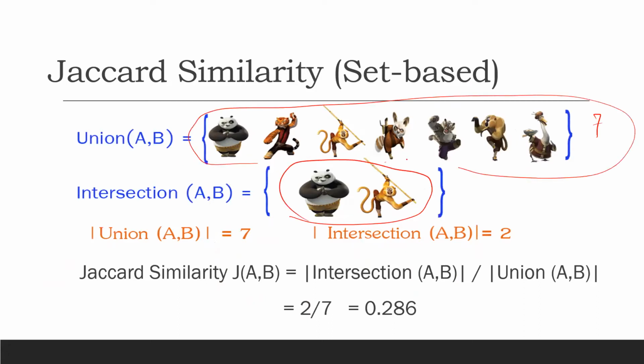I think you already learned set theory in your mathematics subjects. Whenever you calculate the Jaccard similarity, first find the cardinality of the intersection, which is 2, then divide by the cardinality of the union. The union is 7. So 2 over 7 is the Jaccard similarity.